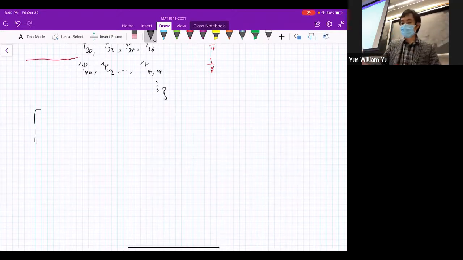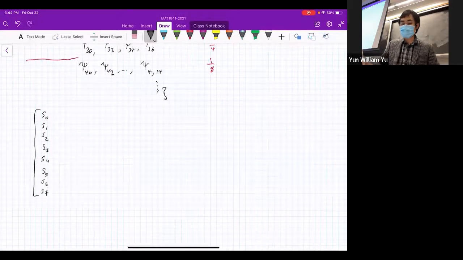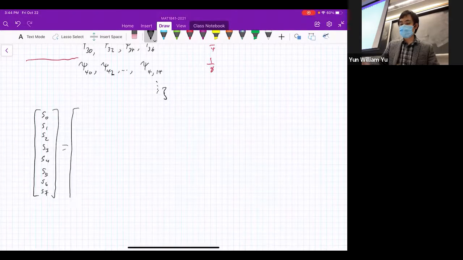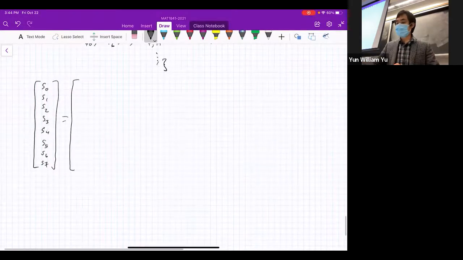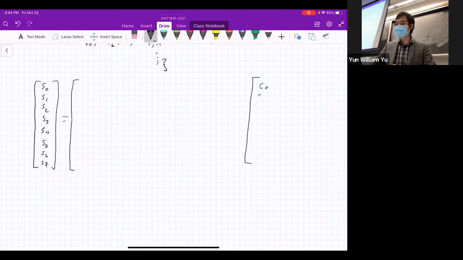So you could rewrite this as a giant linear algebra problem, S0, S1, S2, S3, S4, S5, S6, S7. This is going to be equal to some transformation matrix times C0, C1, C2, C3, C4, C5, C6, C7, right?